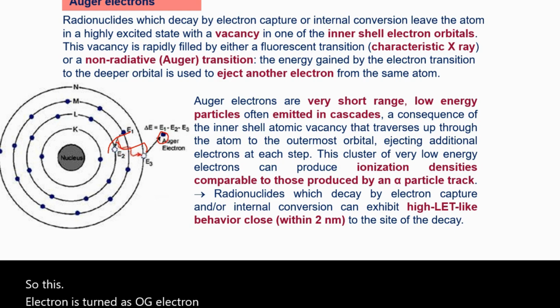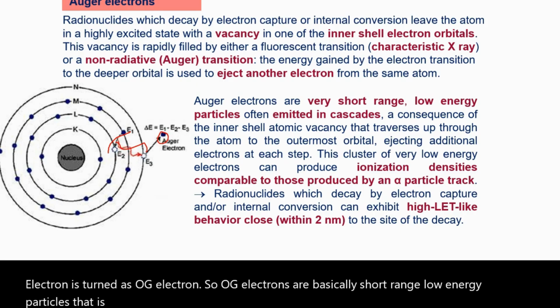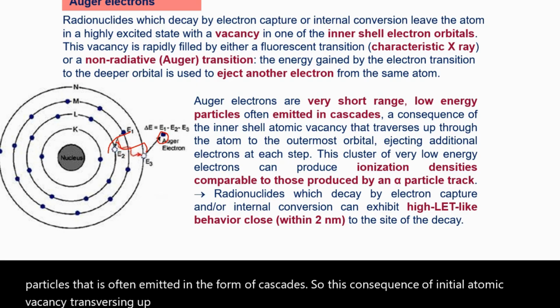So Auger electrons are basically short range, low energy particles that are often emitted in the form of a cascade, a consequence of the inner shell atomic vacancy traversing up through to the outermost orbital.